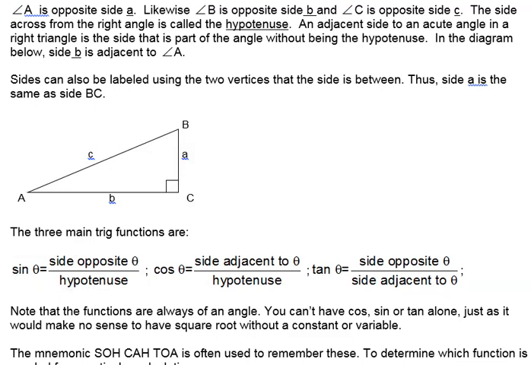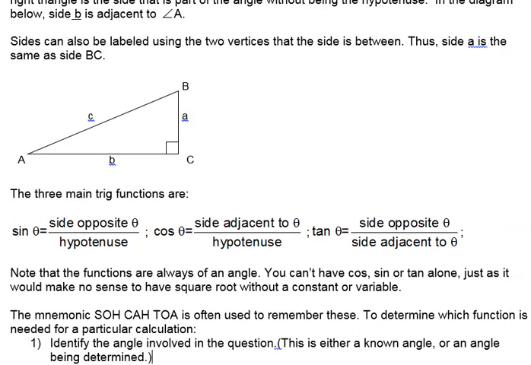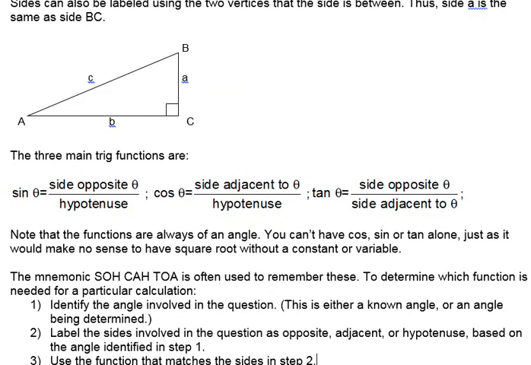For any calculation, when we're figuring out which one to use, the first step is to identify the angle involved in the question, either a known angle or the angle being determined. The second step is to identify the sides involved as either opposite, adjacent, or hypotenuse, based on which angle we focused on in step one. The third step is to figure out whether we want to use SOH, CAH, or TOA: sine, cosine, or tangent.